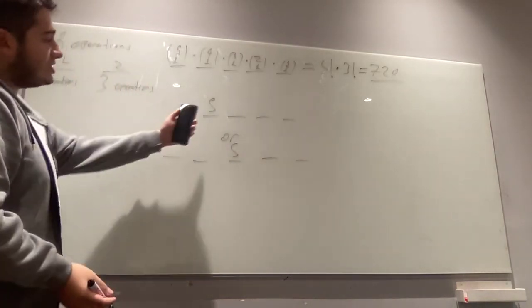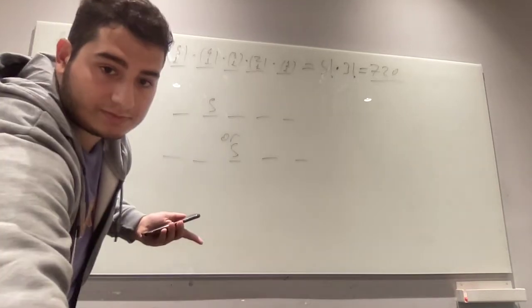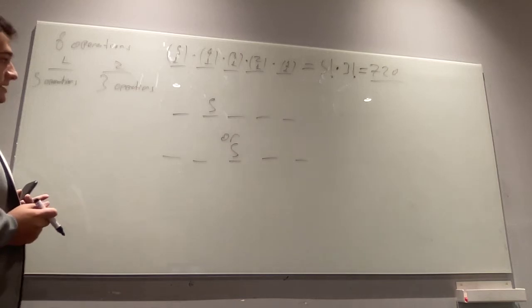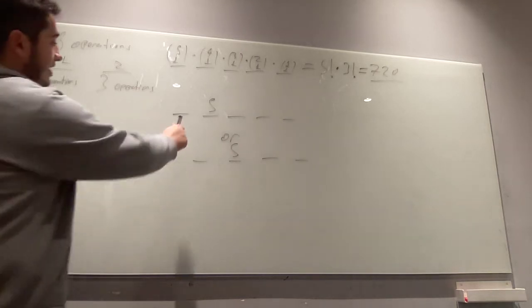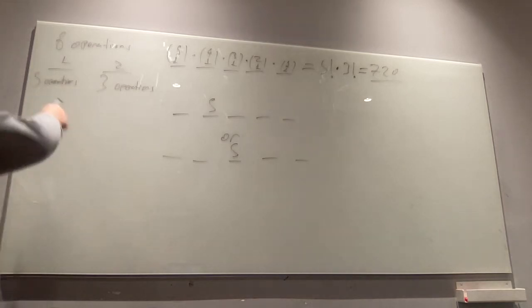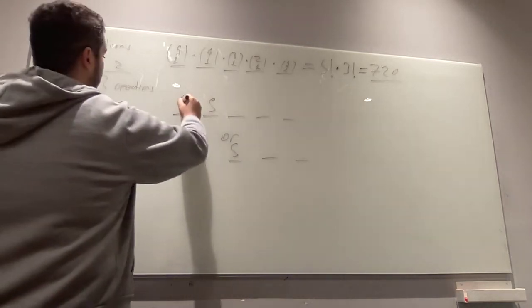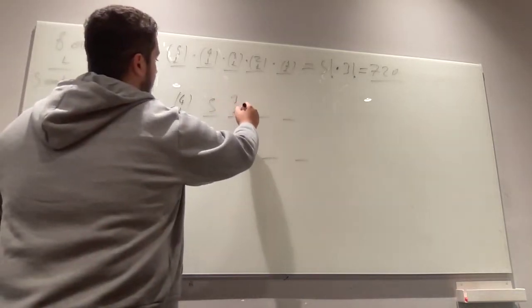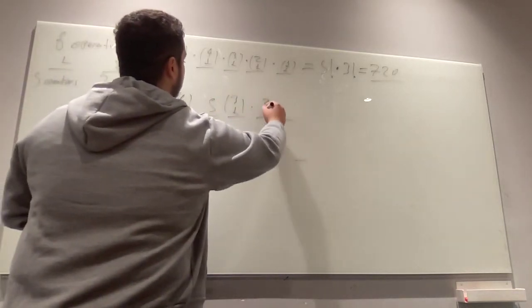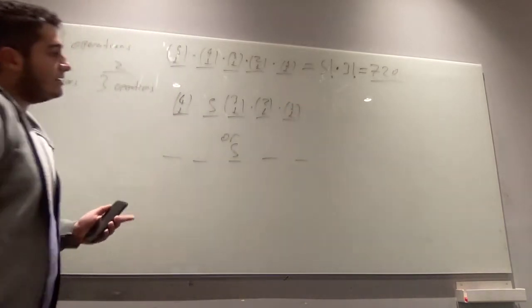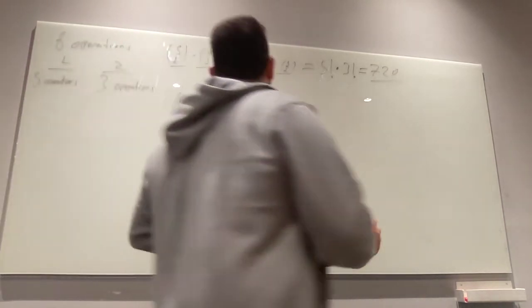If I get soldering here, how many possible ways can I choose an operation for here? It was 5 and 4 operations remain. 4 choose 1 and 3 remain. 3 choose 1 times 2 choose 1 times 1 choose 1. It's 4 factorial.